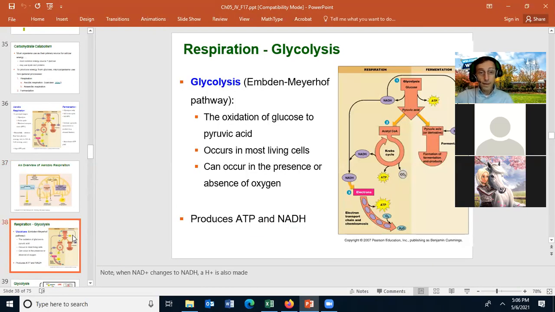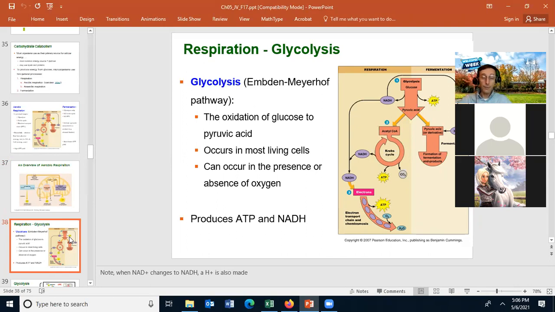And let's talk a little bit more about glycolysis. Glycolysis can also be called the Embden-Meyerhof pathway, after the 2 scientists who discovered it. I and most people don't call it that. We call it the glycolysis pathway. Glycolysis is the oxidation of glucose to pyruvic acid. And if you remember, aerobic respiration normally uses glucose.